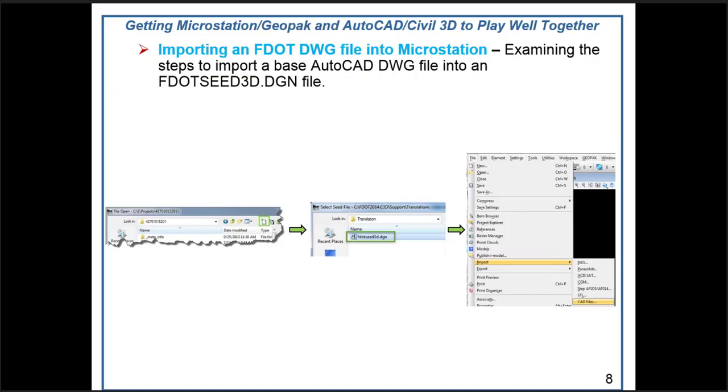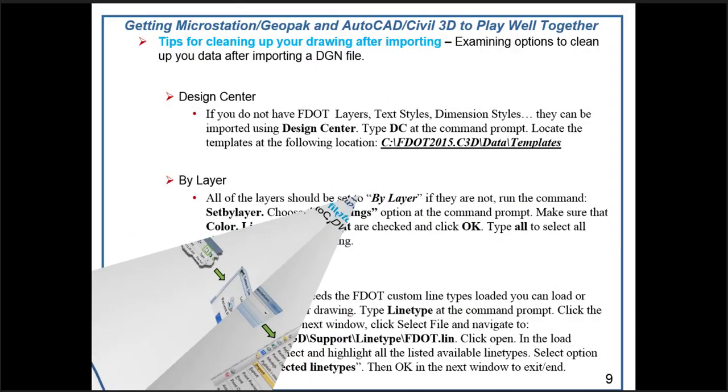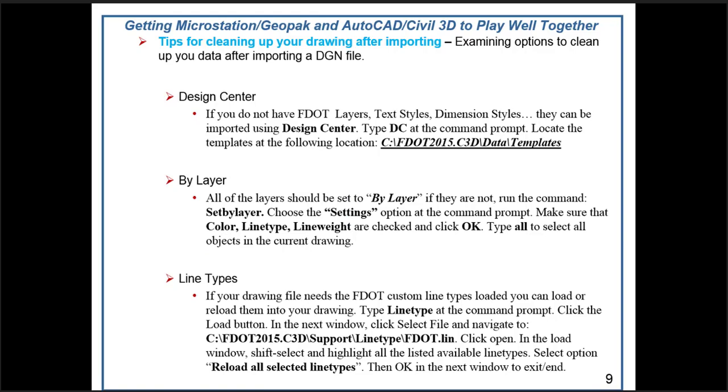Okay, so let's go back here to our PowerPoint. Let's talk about some tips for cleaning up your drawing after importing. A tool that some of you who are maybe new to AutoCAD or Civil 3D might not know is called Design Center.